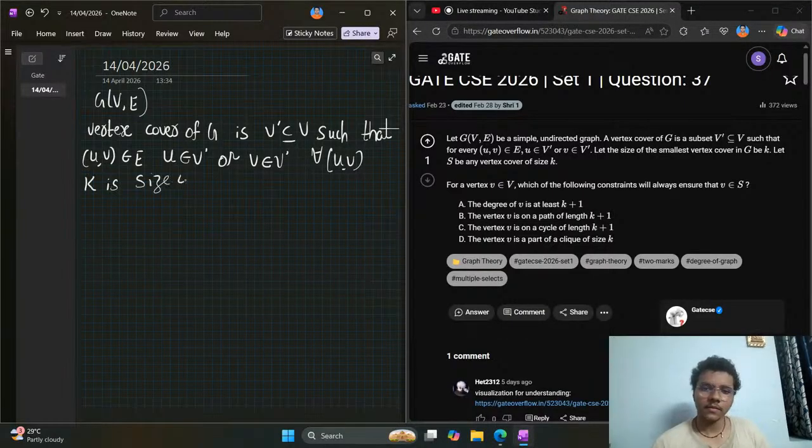K is the size of the smallest vertex cover.